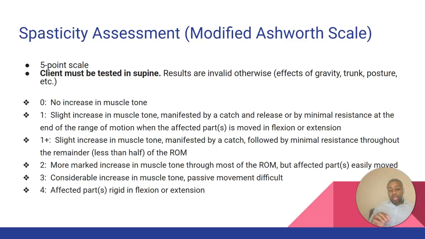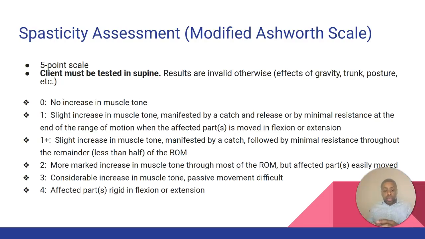If there is a slight increase in muscle tone, meaning there is a catch and release at the end range, so I stretch it, at the end range there's a catch and then release, that's a 1, right? If there's a minimal catch and release throughout half of the range of motion, not the end range, but half of the range of motion, that's 1+.